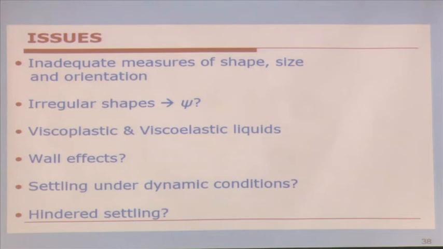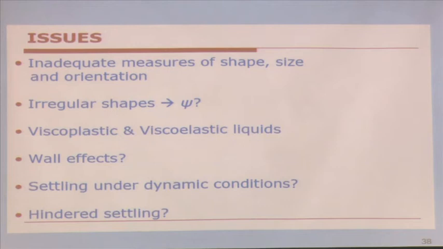Now, the issues, if I summarize: inadequate measures of shape, size and orientation. These are the research challenges I am posing to you. How do I measure shape, how do I define shape? There should not be any contradiction with that. Size, orientation, irregular shapes, sphericity, how do I know?